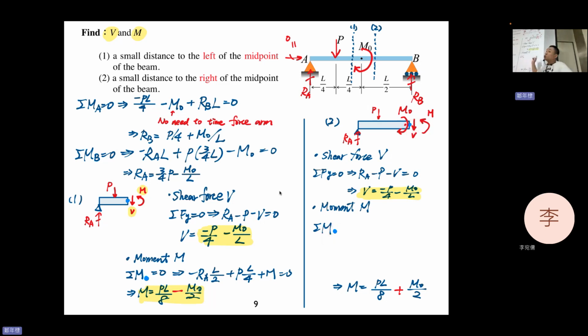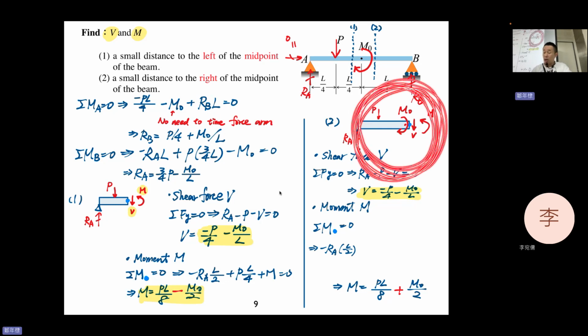I'm going to use the blue dot as the origin to do the moment balancing. So sigma M about the blue dot equals 0, right? So minus RA times L over 2, because RA rotates clockwise, and this is half L, since you just cut a little off to the center.